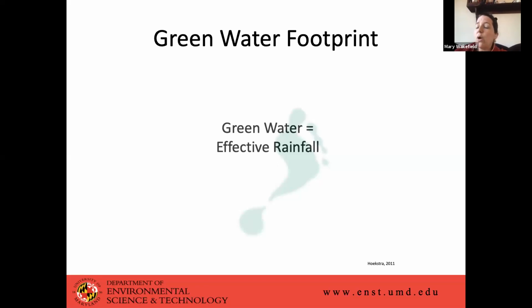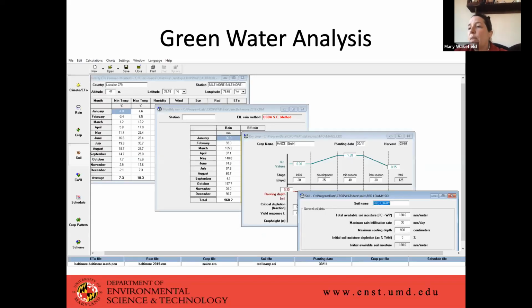So to do our green water analysis, because this was a little more detailed, I used the CropWat system from FAO, and there are a lot of different screens to input, beginning with your climate data, which I used the Baltimore weather station. It was the closest one that was already in the ClimWat system, which is the sister system to CropWat.